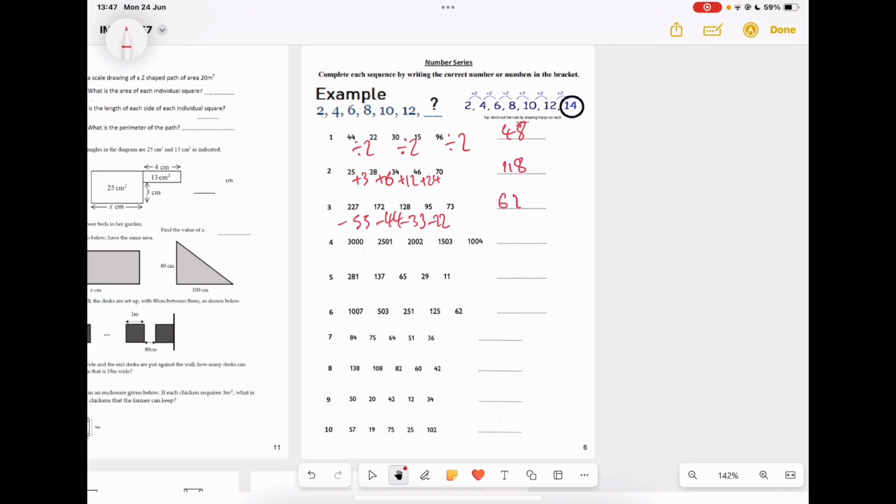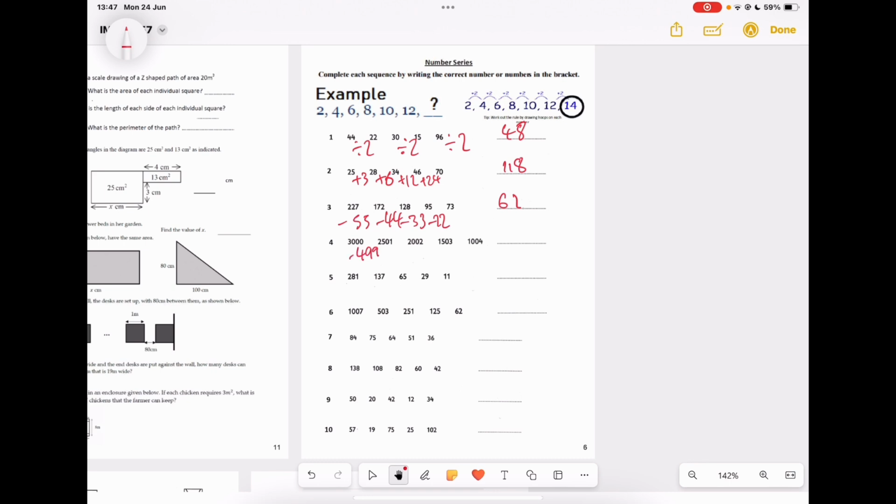And then we have 3,000, 2,501, 2,002, 1,503, and then 1,004. So do not let the big numbers intimidate you. We're going to be finding the difference between each of the numbers. So 3,000 minus 2,501 is 499.